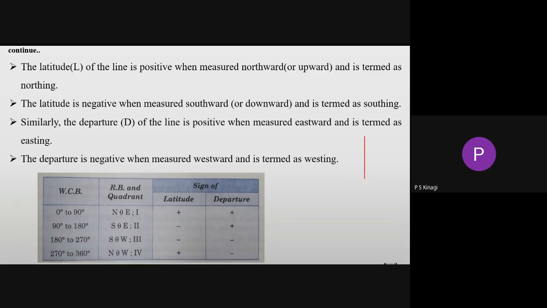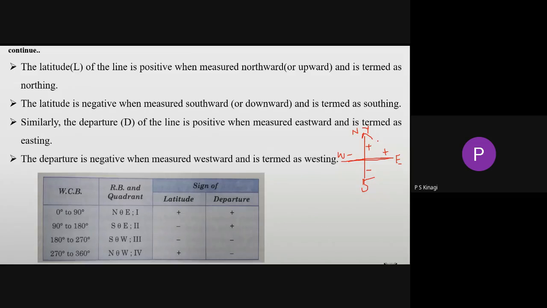I show it simply here on this graph. In the compass instrument we consider this one as north, this east, this south and this west. In a general graph we take this as positive y-axis and negative y-axis, this as positive x-axis, and negative values on the opposite side of the east.